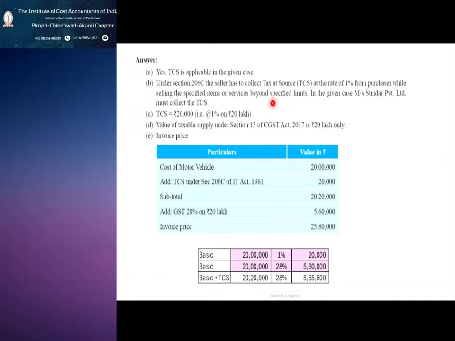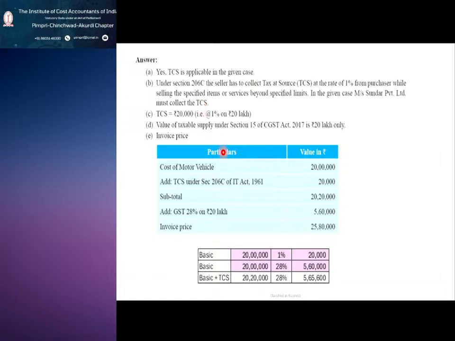You don't need to go in depth, you will study that in depth in direct tax, but for GST purpose, how the transaction value is to be calculated if you have some TCS related amount. So the seller will be collecting the TCS.